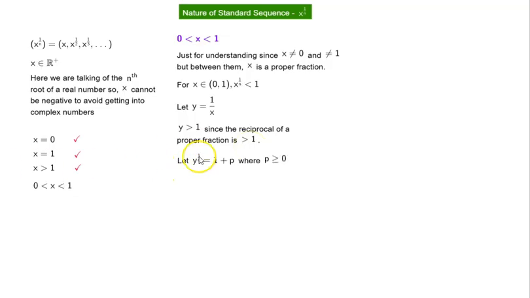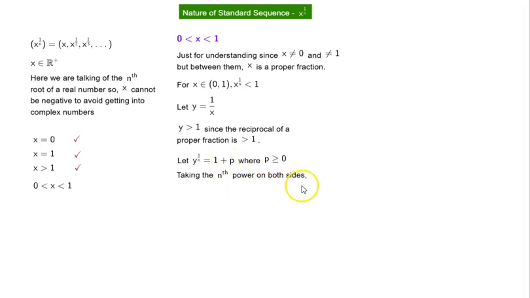Now let y to the power of 1 by n be equal to 1 plus p, where p is greater than or equal to 0. See here, y is greater than 1. So we are just saying let its nth root be 1 plus whatever be the small quantity that it is greater by, that is p.